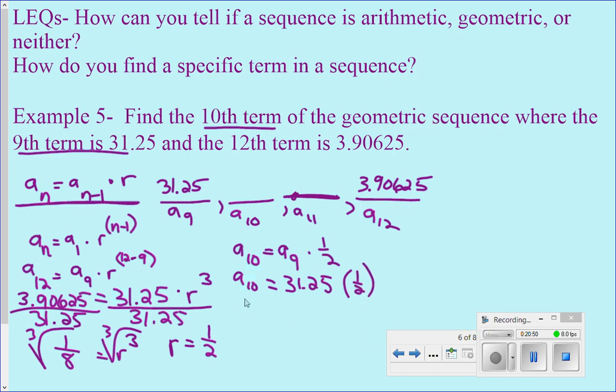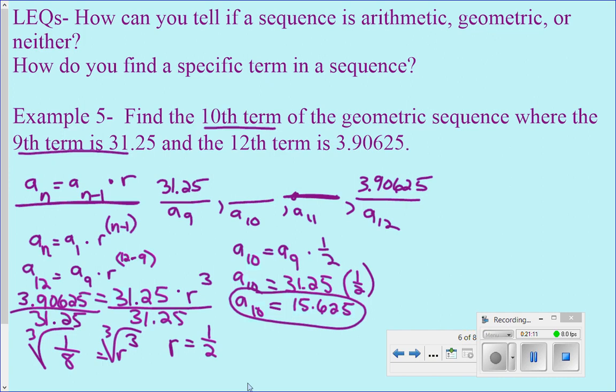And when I do that, I should get my 10th term, which is 15.625. And there we go. We have our final answer. Okay, so that's the 10th term.